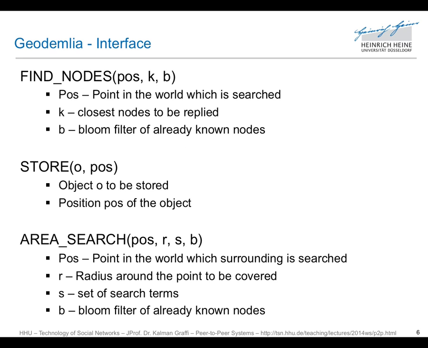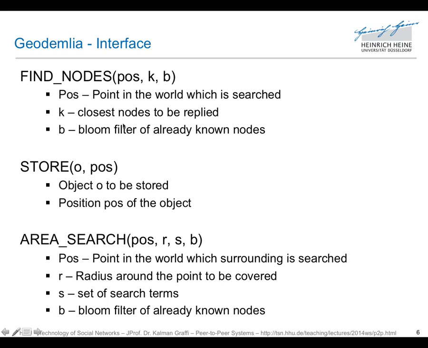Now what we want to do is to support these interfaces. First, find the nodes closest to this position, and give me the k closest ones. So you get the position, and you get how many closest nodes you want to have.